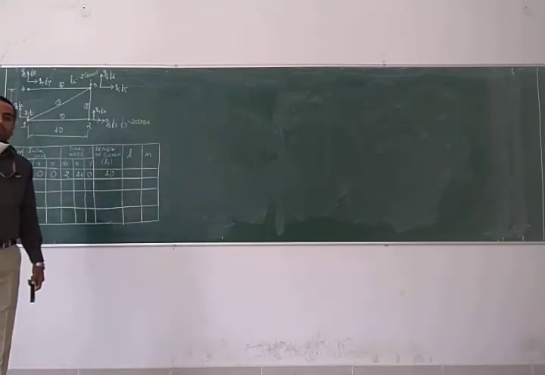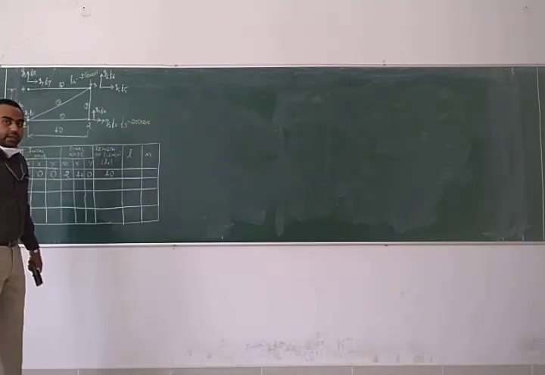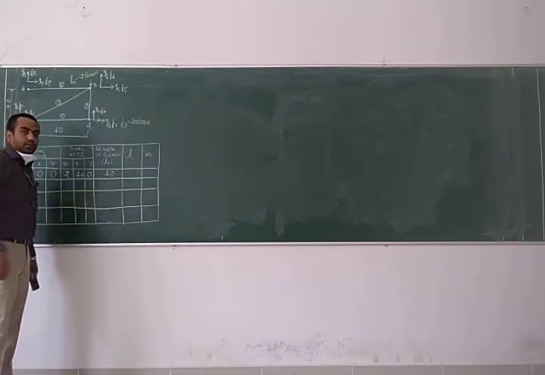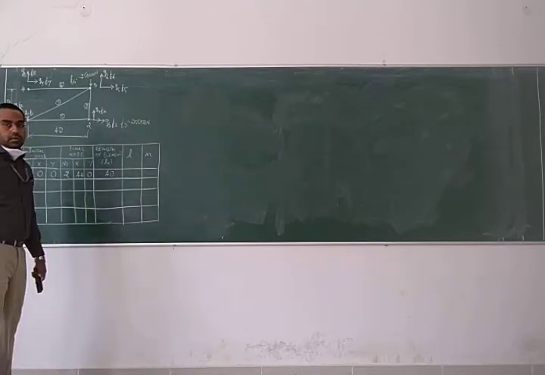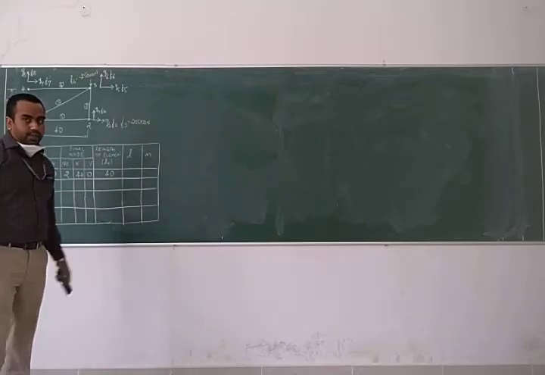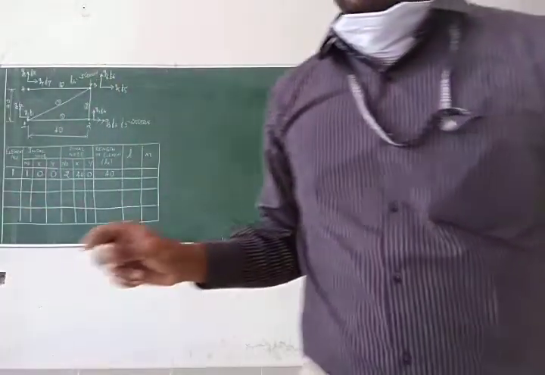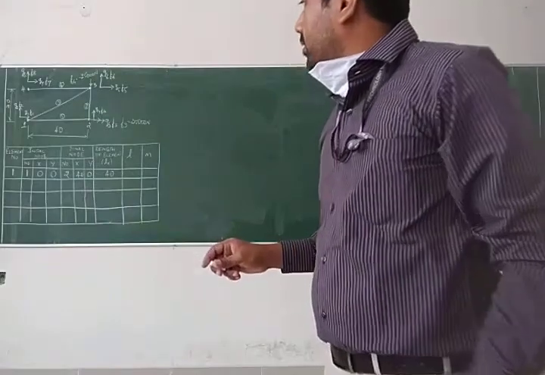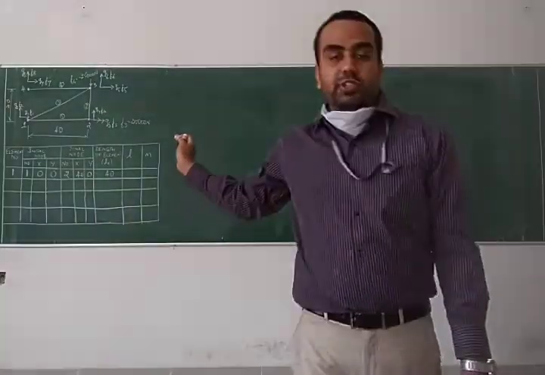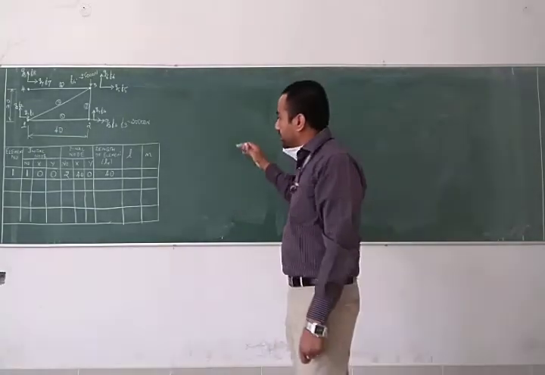What is the value of L? L is given by x2 minus x1 divided by LE. So what is x2? 40 and x1 is 0. So 40 minus 0 is 40 divided by length of the element 40.